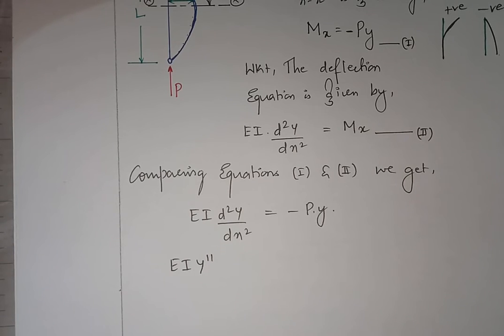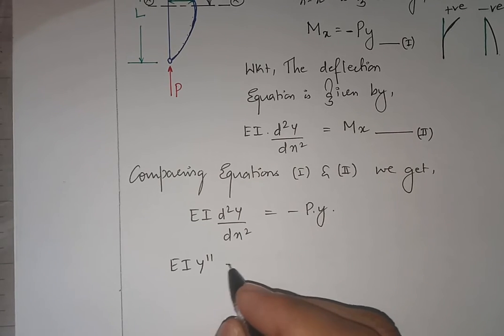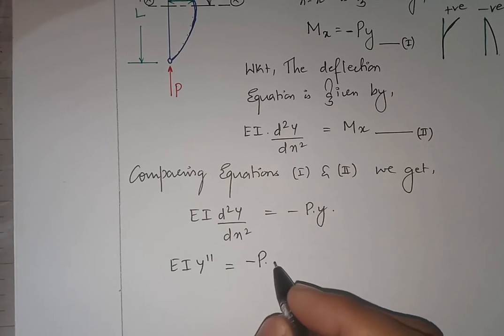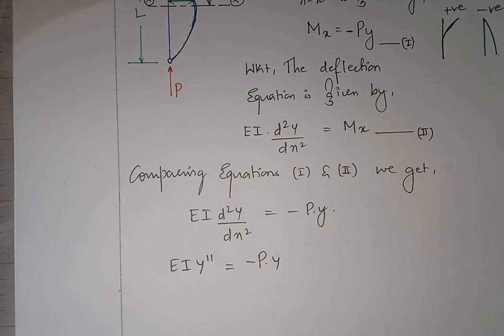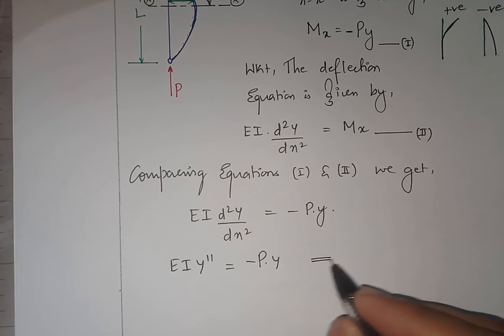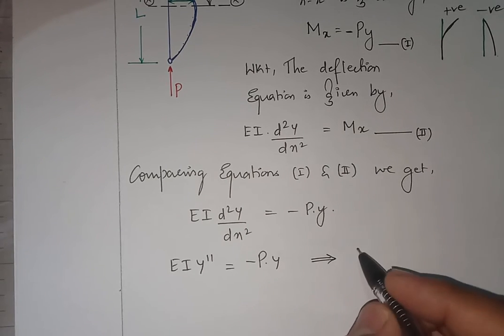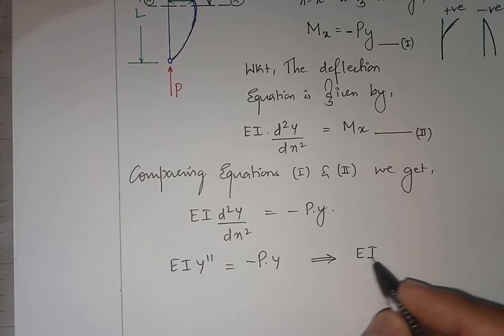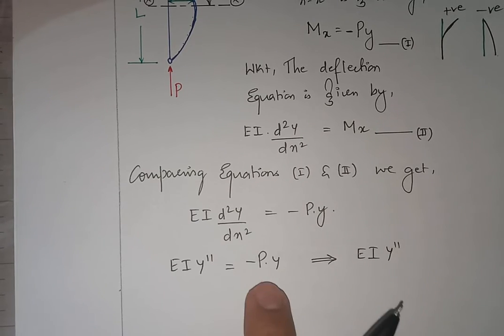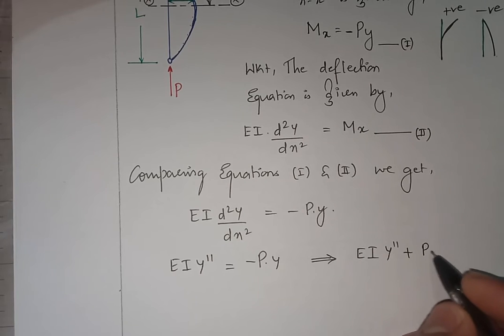This is a part of your previous mathematics as well as your PUC mathematics, right? So this is equal to minus P into y. So what I can say here is EI y double dash, take the P into y onto the right hand side, plus P into y is equal to 0.